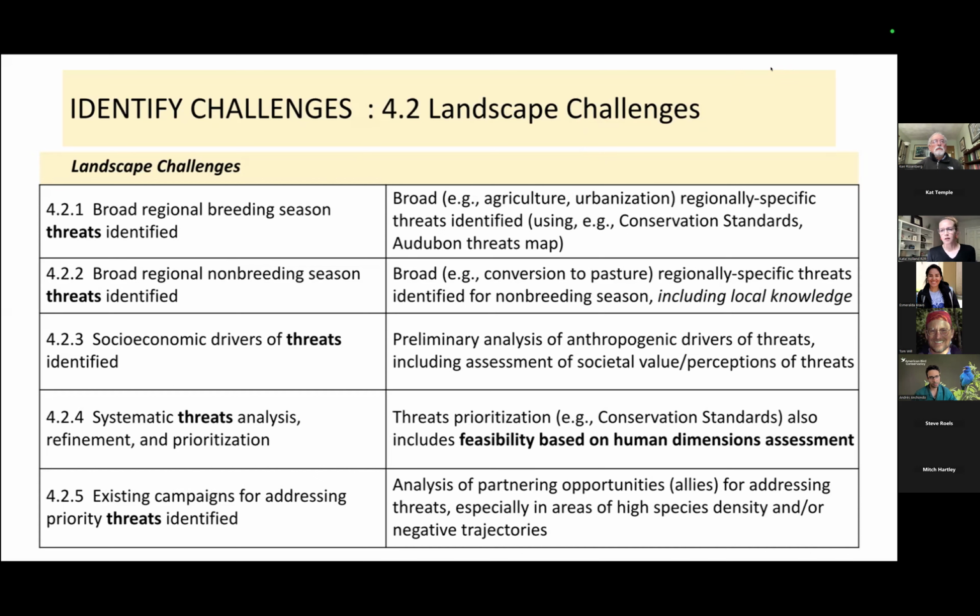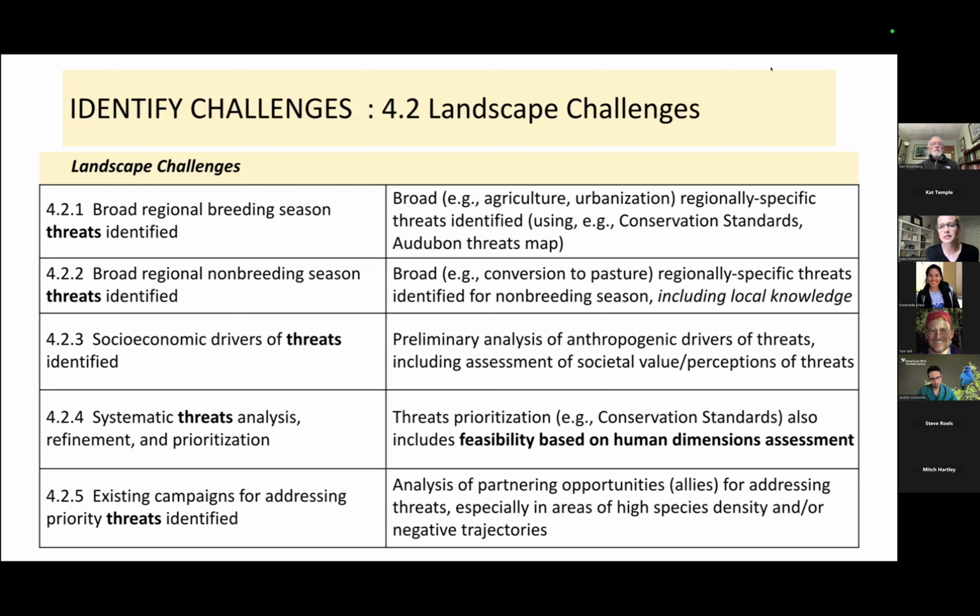The other piece that I'll point out just before moving forward, and we'll talk about it as we wrap up this series on the wheel, is that this recovery wheel is not designed to be a one-time through the process. It's meant to be iterative. It's meant to be used periodically to assess progress, with the recognition that landscapes change, threats move, threats change.